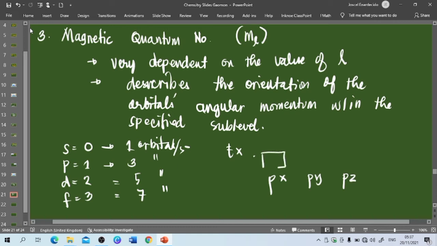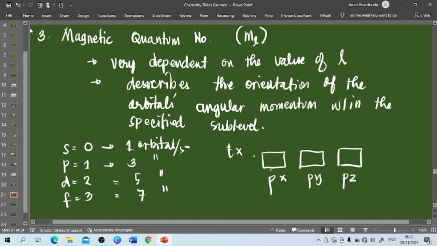So if we want to determine the orientation in space of each electron in a specific orbital, it is best to know the magnetic quantum number of each of these electrons.